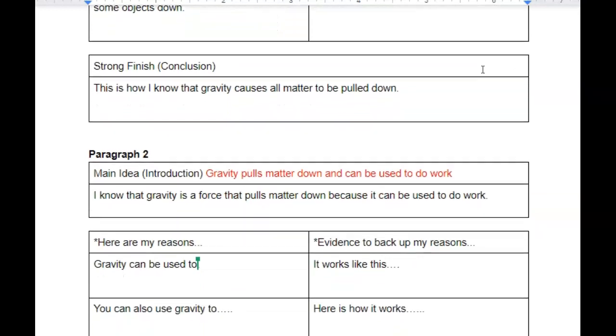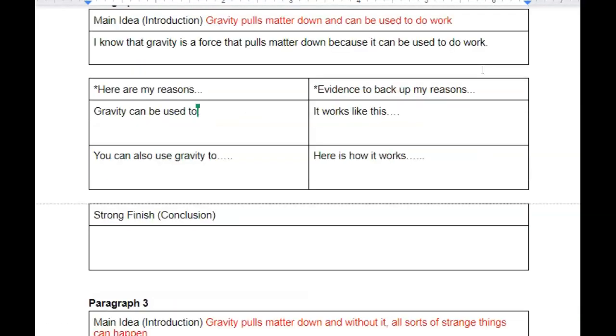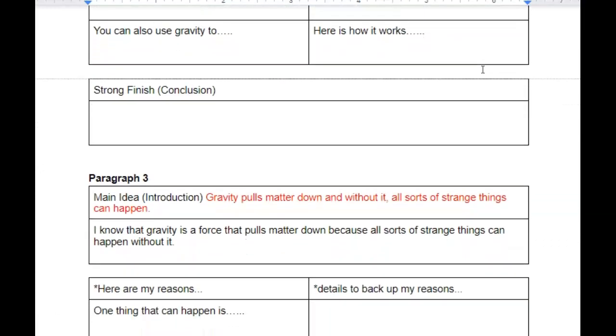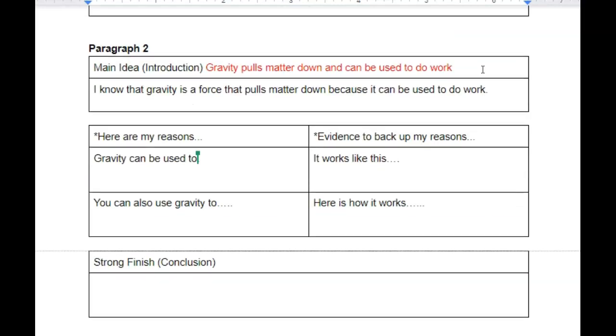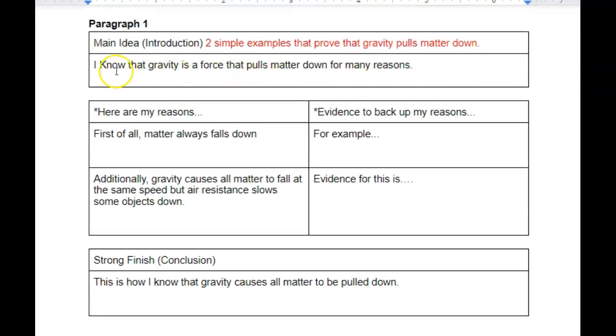Paragraph 2 is going to be about how gravity pulls matter down, and we can use it to do work. And paragraph 3 is going to be about how gravity pulls matter down, and we know that because without it, all sorts of strange things can happen. All right. I've also helped you out a little here. For each of these paragraphs, I've already written in an introduction just to get you moving.